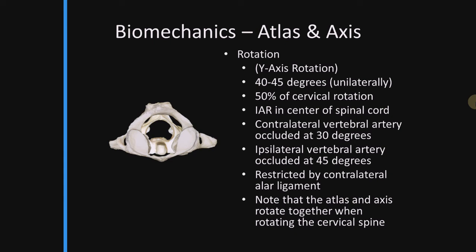Contralateral vertebral artery occlusion will occur at 30 degrees, and the ipsilateral vertebral artery occlusion occurs at 45 degrees. Restricted motion is by the alar ligament on the opposite side. And note that the atlas and axis will typically rotate together as you rotate the cervical spine.